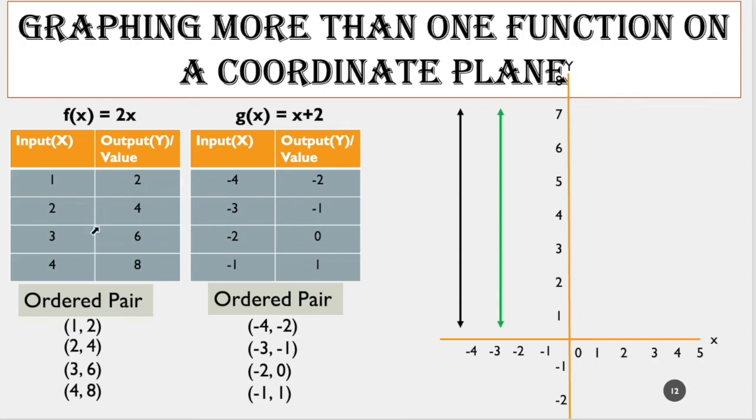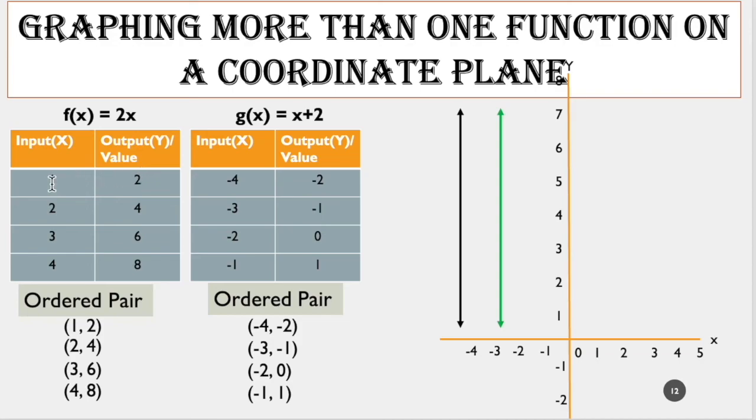So to write this as an ordered pair, first we make a function table. So we have the input column and then the output column. So in this first function, f of x equals 2x, let's input values 1, 2, 3, and 4 for x. So what would be our y values?